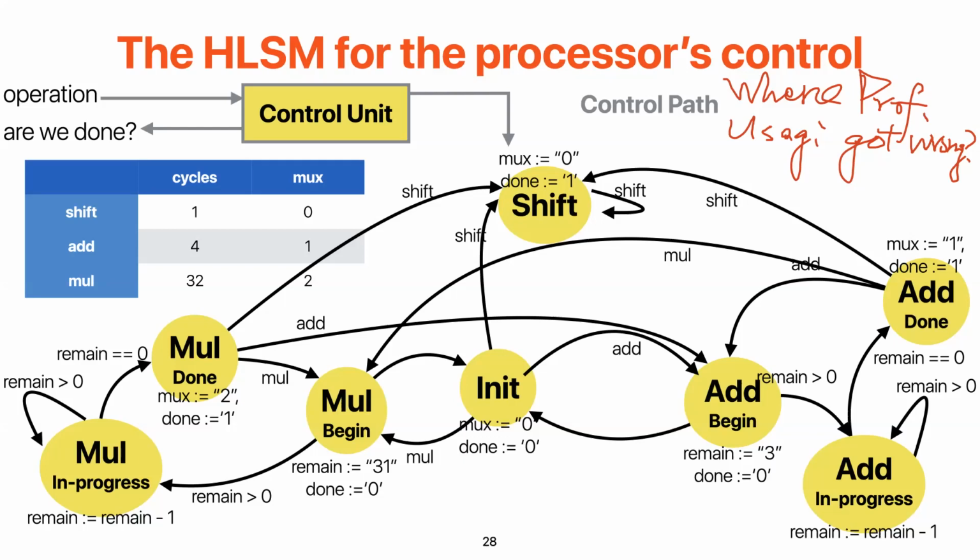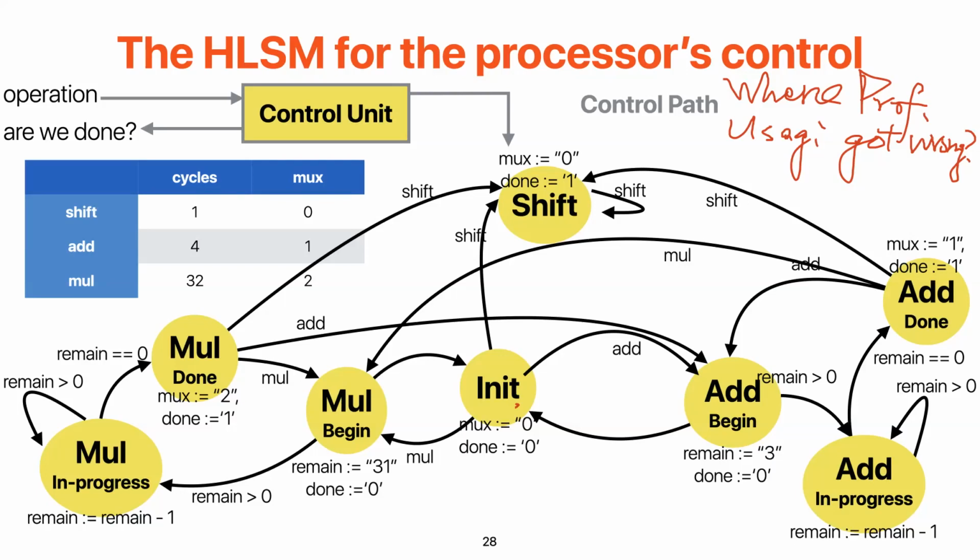I think I found it. Okay, so I'll follow it from init. Let's say we start at init and we want to add a number. I'm actually going to walk myself through this because I'm not 100% sure yet. We make our transition to the add begin.